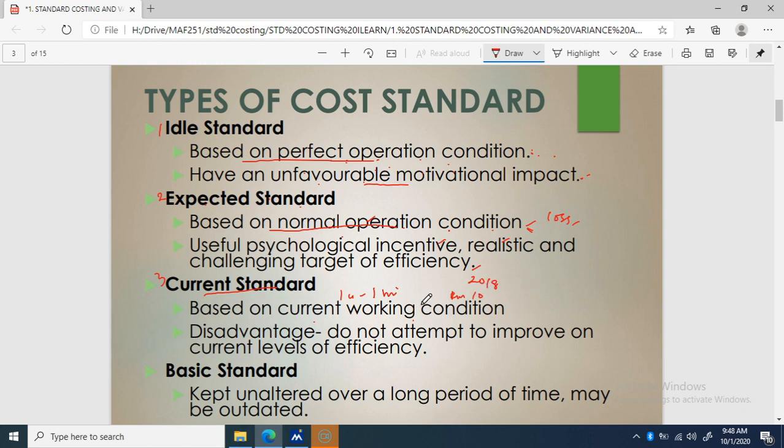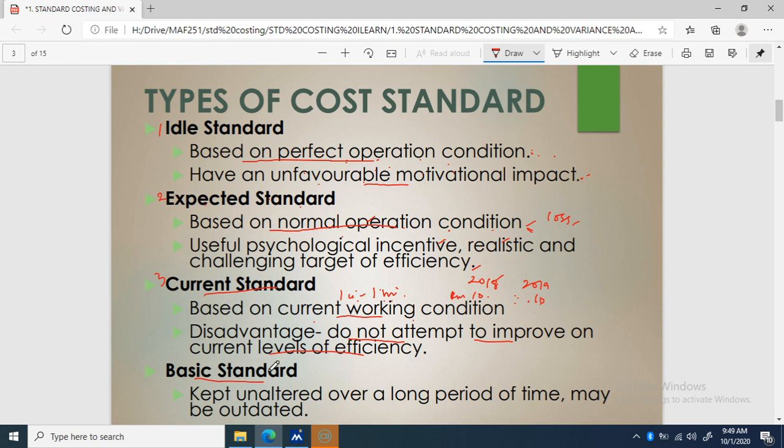When you want to set the standard for 2019, you base it on the current working condition, that means 2018, so the cost of labor is 10 ringgit. But there is a disadvantage: it does not attempt to improve on current levels of efficiency. You assume that the workers do not improve even though they have worked for 1 year. They still produce one unit within 1 hour, so you pay them 10 ringgit per unit, no improvement.